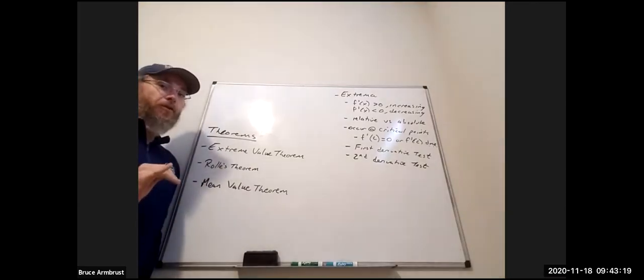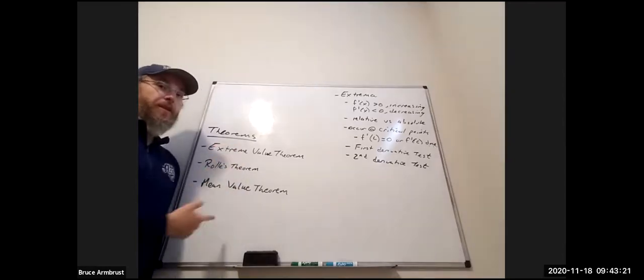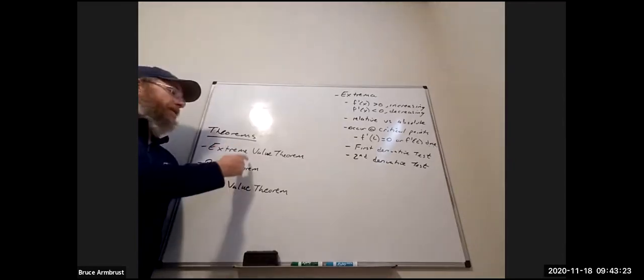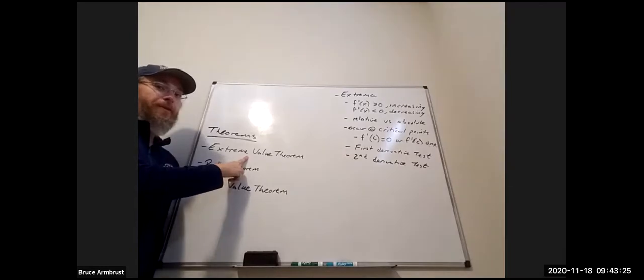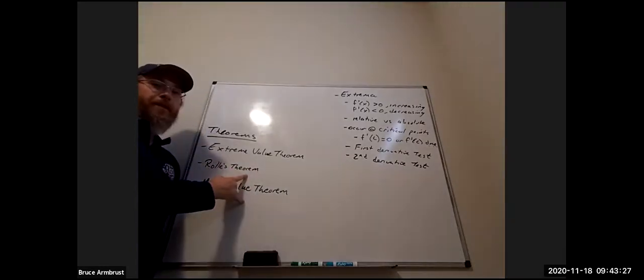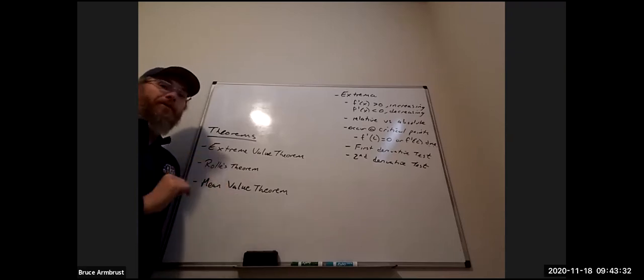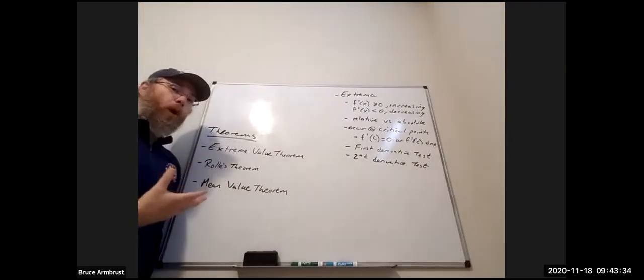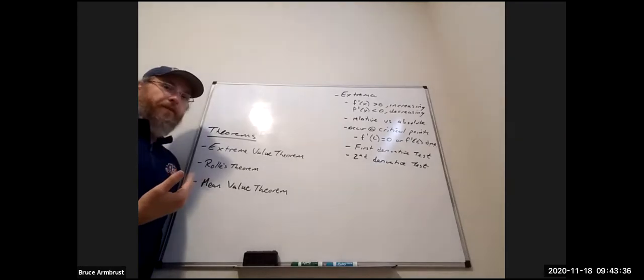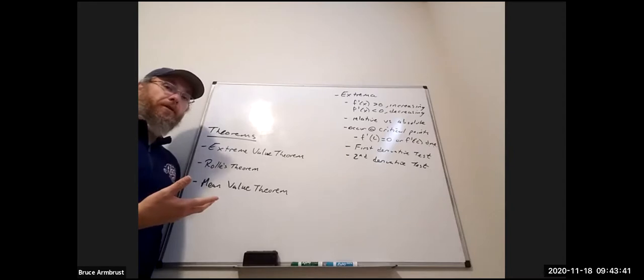Some things for sure to know about. Know about the conditions that you need for them, right? The first one here, this needs to be continuous. These two need to be continuous and differentiable. The middle one, continuous, differentiable, and endpoints are equal. Like, know what's required for the different theorems and know the general results, like what it tells you, right?